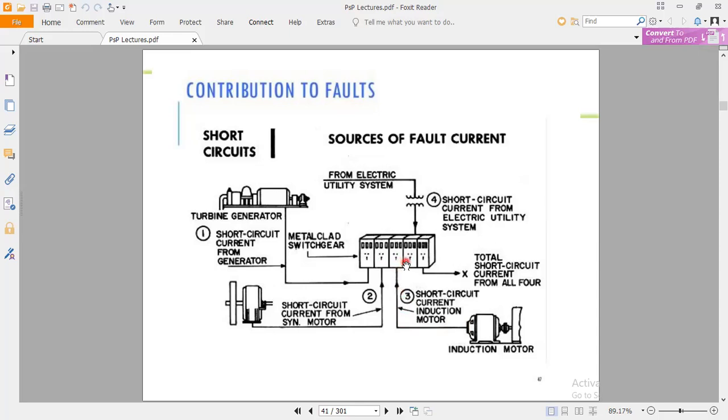This also produces a short circuit current into the switchgear panels. After that, from a utility, if a short circuit occurs in the transformer or under other conditions, that short circuit current from the electric utility system would also go into the switchgear panels.